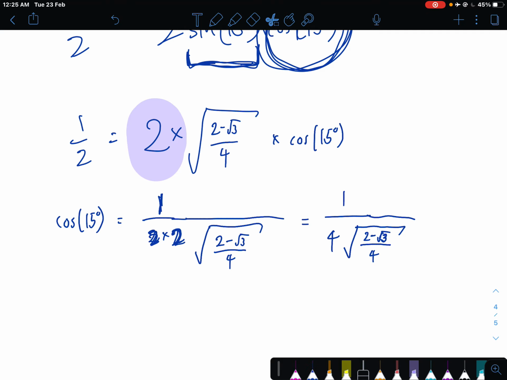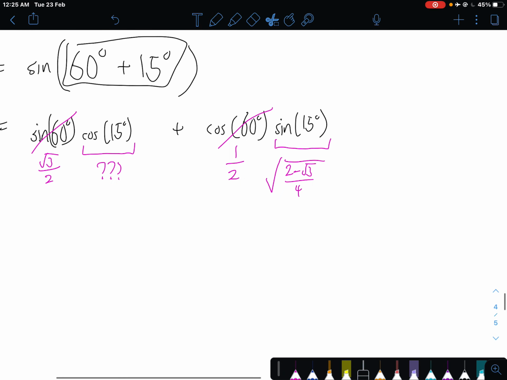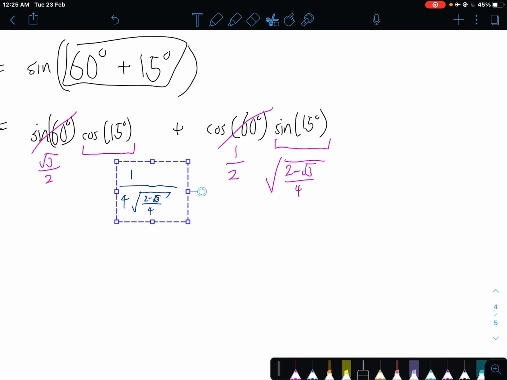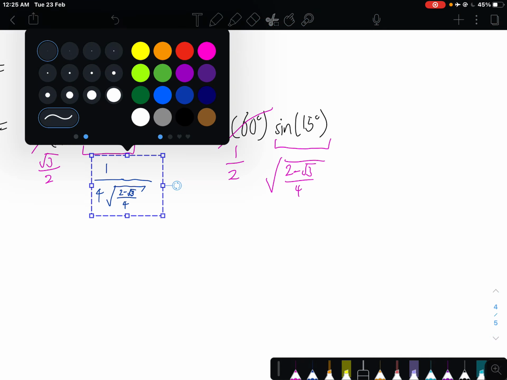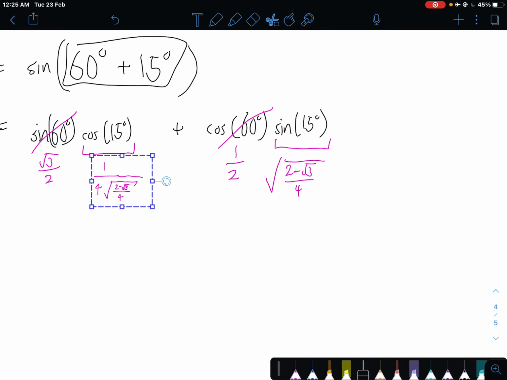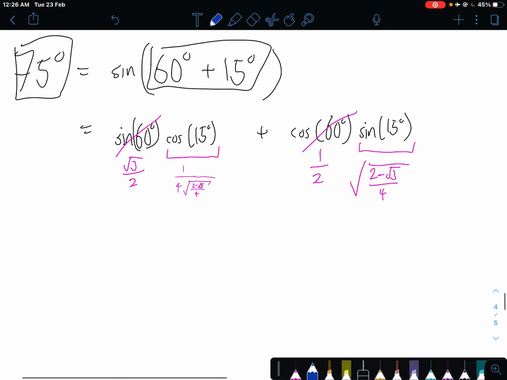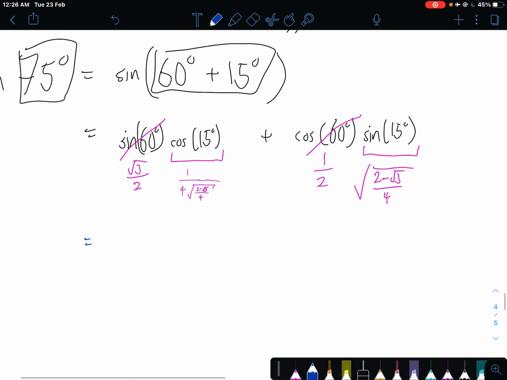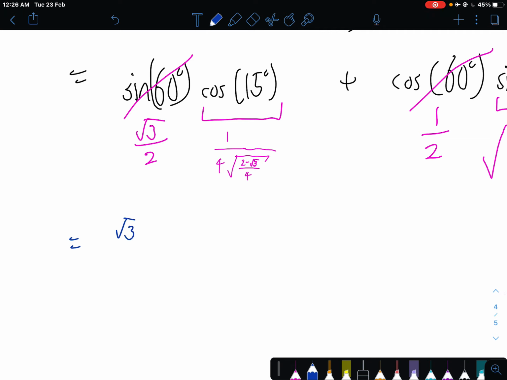So now that we have obtained our cosine 15 degrees, we can substitute it back in. This question mark is no longer a question mark. We know what it is, so we can just substitute it in. Just to be the same style, we keep it pink. Okay, we got the value. Now we just need to simplify this expression a little bit. Root 3 over 2 times 1 over 4 times the square root of 2 minus root 3 over the square root of 4.